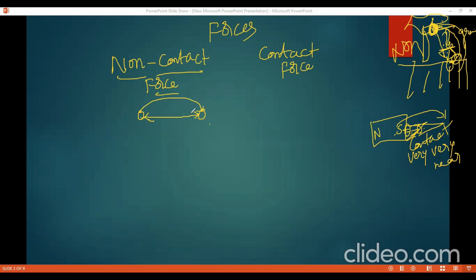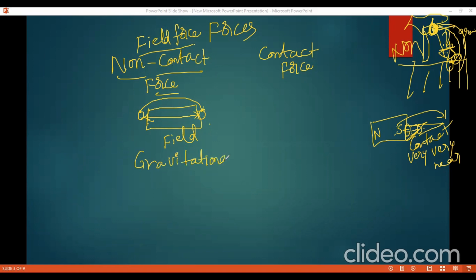So we can say there is some field existing between them. That is why this non-contact force can be called a field force. For example, take gravitational force, the apple and earth example.